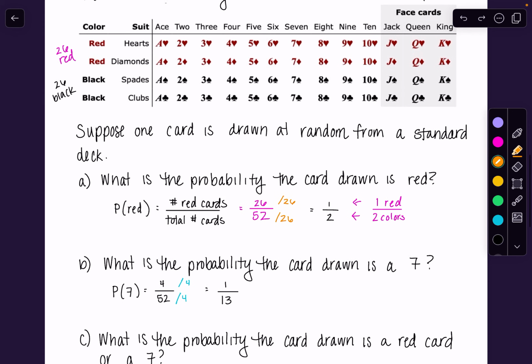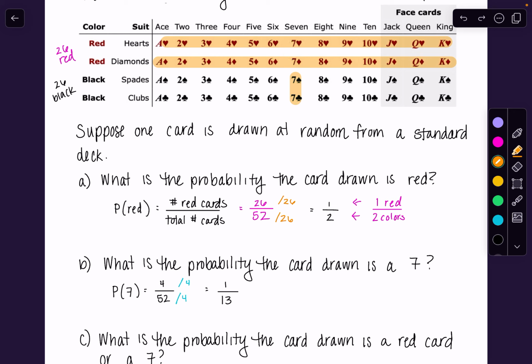So if I'm looking for a red or a 7, I know I've got all 26 of these red cards that make this event successful. And then because I can get a red or a 7, I've got 2 extra ones that make this event possible. So I'm not double counting the ones that fit both of the categories.